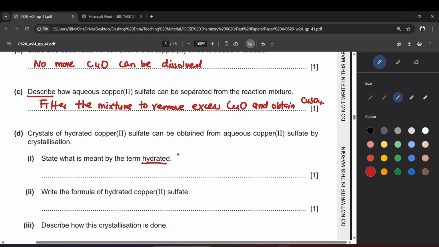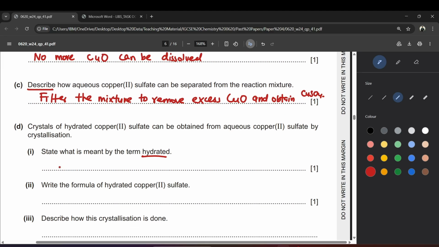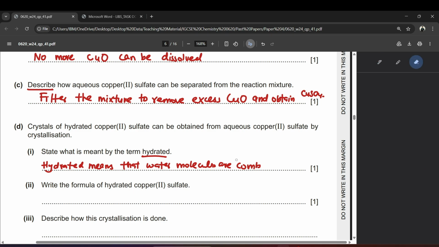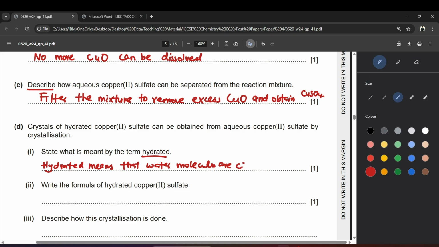Okay, so we can say that hydrated means that water molecules are chemically combined with the salt.